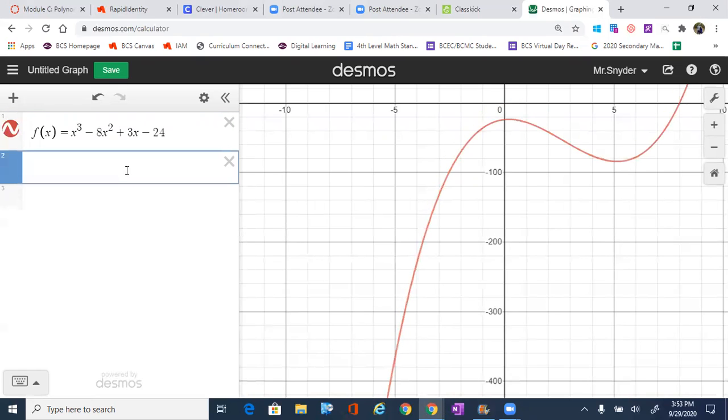And then I'm going to type in what our answers were. But I'm going to multiply them because remember the product of those two values should give us the original function. So I'm going to type in x squared plus 3, which is what we divided by. If I multiply it by our answer, which is x minus 8, it should line up, and it does.